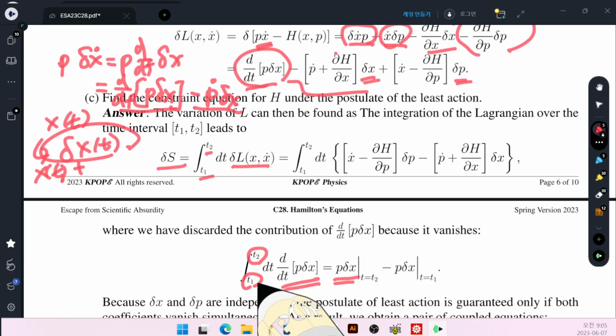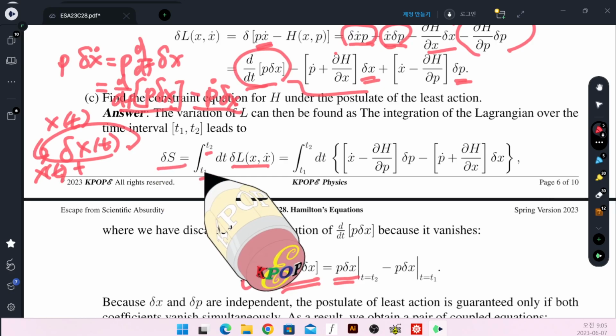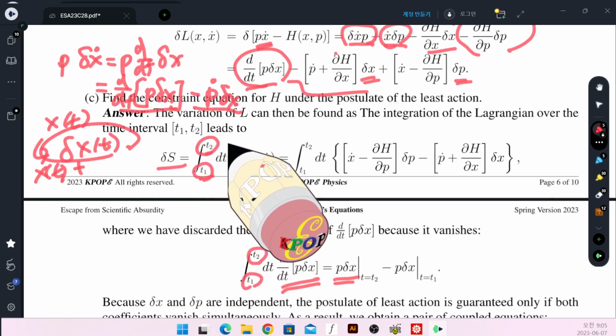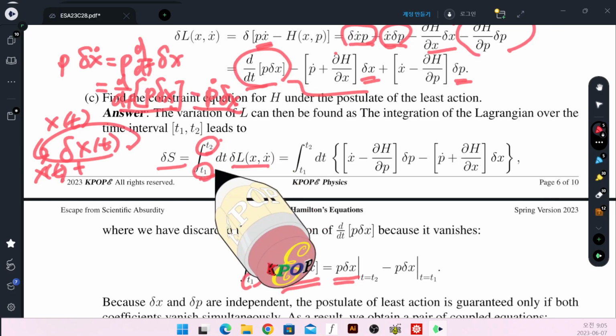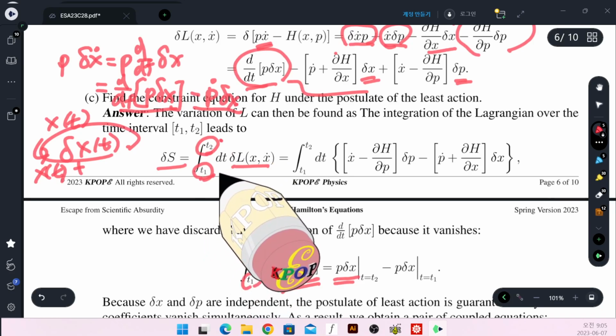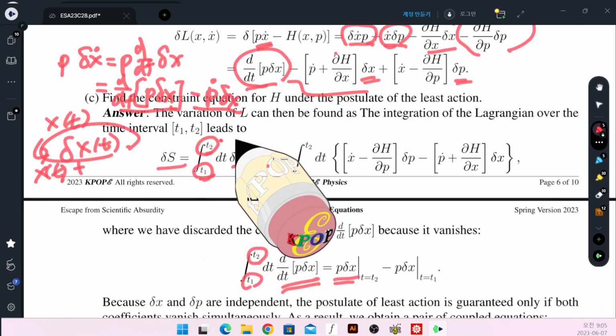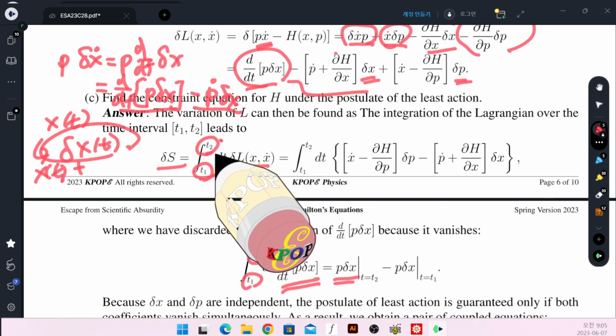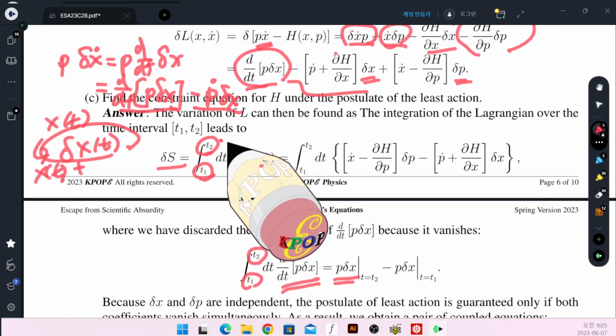We recall that the variation must be made only if the time is not one of the endpoints. Beginning and endpoint must be fixed without variation. If we vary the initial and final position, then we change the problem.